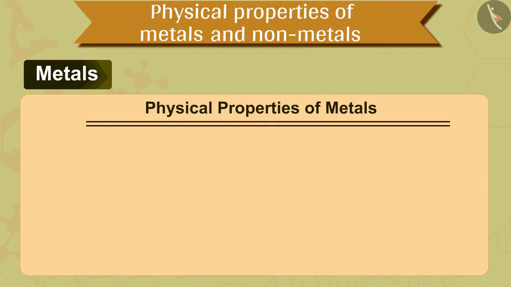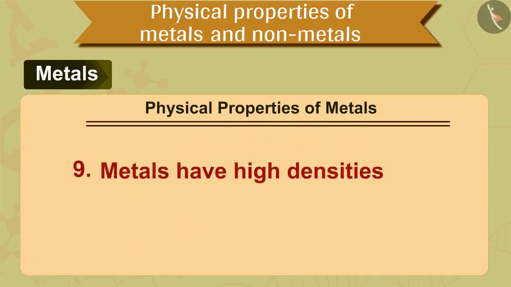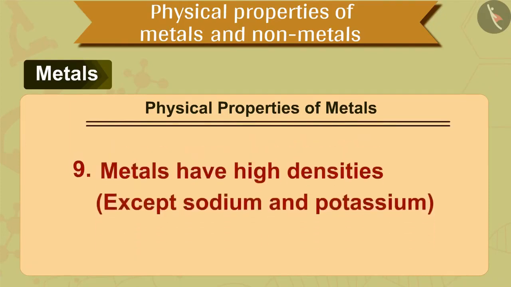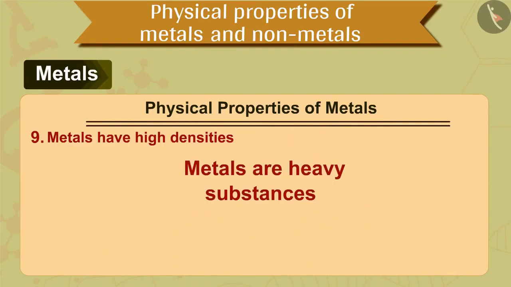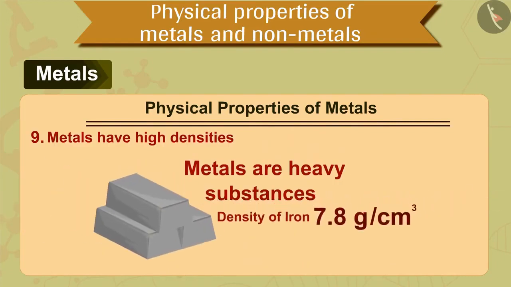Let's move ahead to the next, ninth property, which is that metals have high densities, except sodium and potassium. It means that these metals are heavy substances. For example, the density of iron is 7.8 grams per centimeter cube, which is quite high.